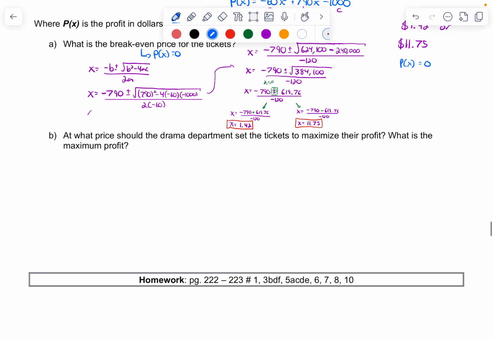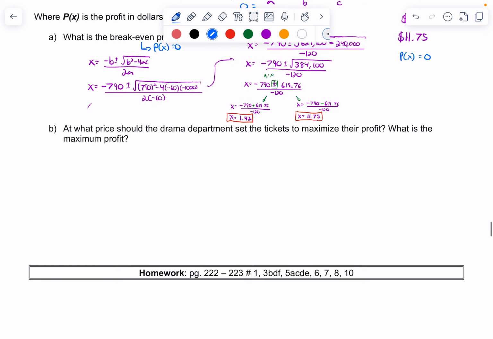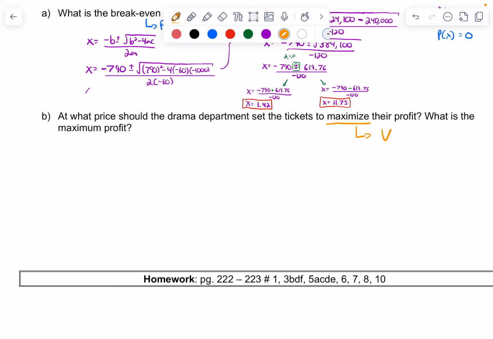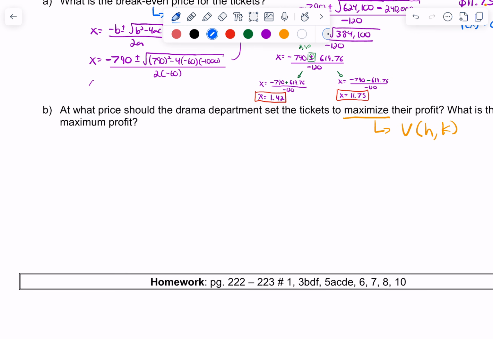Okay. So at what price should the drama department set the tickets to maximize the profit? What is the maximum profit? All right, so again, whenever in quadratics you see this word maximum, your brain has to go, I'm looking for the vertex. We're going to apply the formula we learned before, where a vertex has both an h and a k. We can calculate our h value. The x-coordinate of the vertex is taking your two zeros, x1 plus x2, and dividing them by 2.